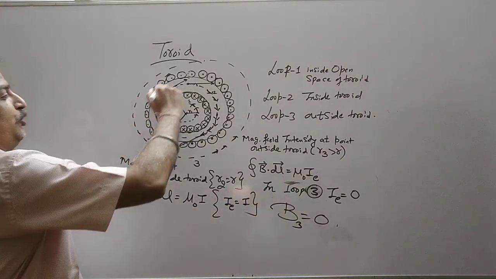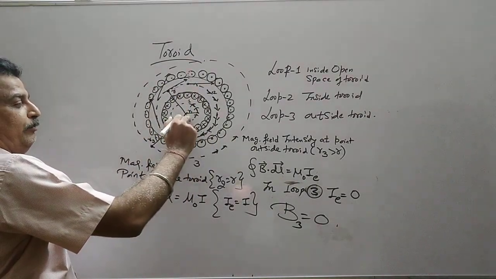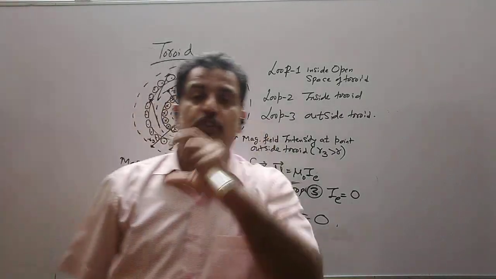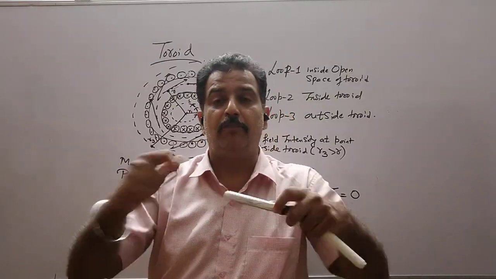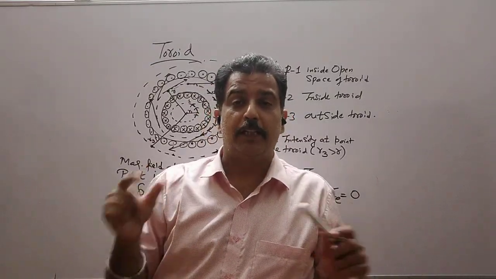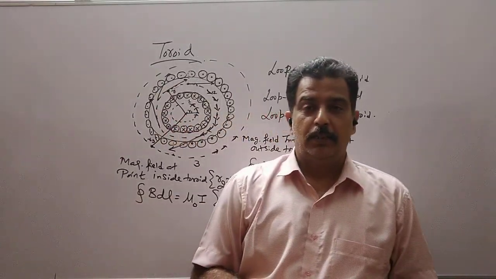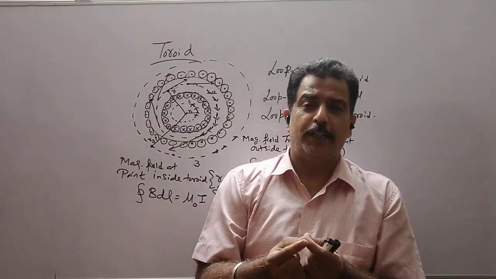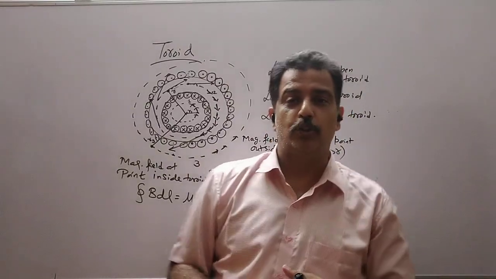Now we assume the radius of the toroid from the center to this center point, so we are neglecting the thickness of the ring on which it is wound. We have wound it on an inflated tire tube, but the radius of the inflated tire tube is very large. So you take a thin circular non-conducting base and wind a wire on it, and a large number of turns should be wound.